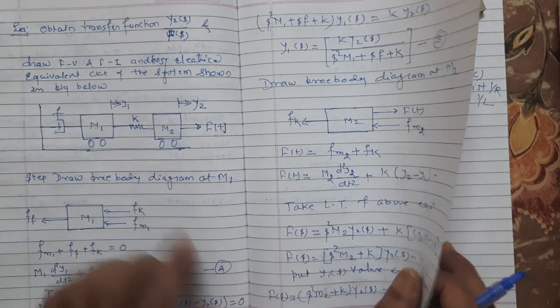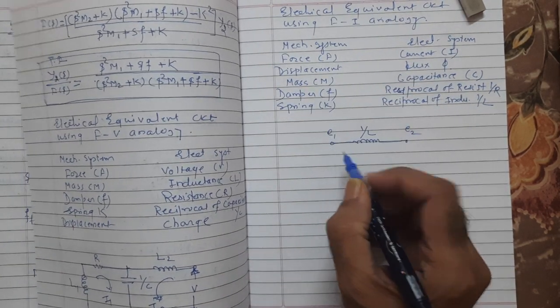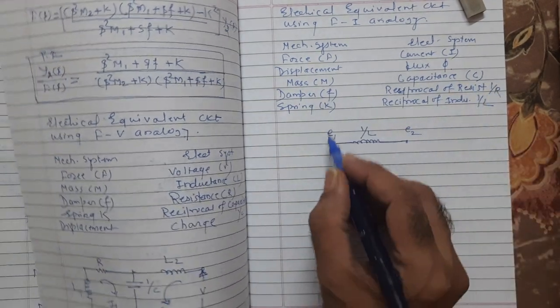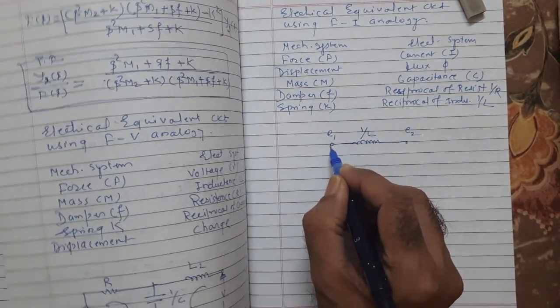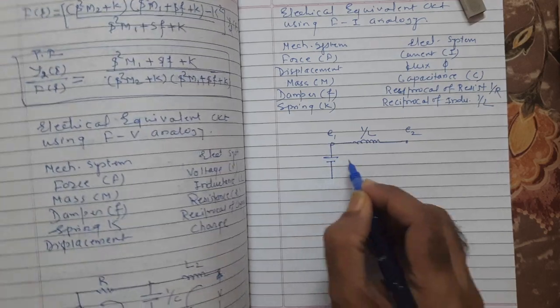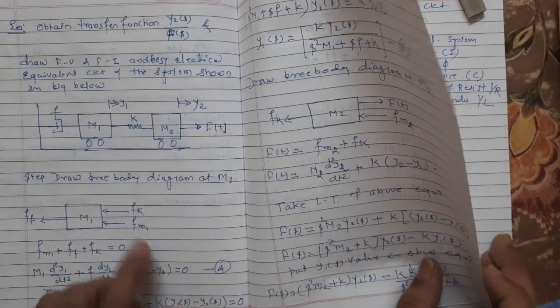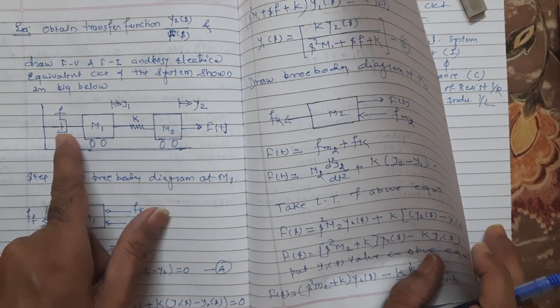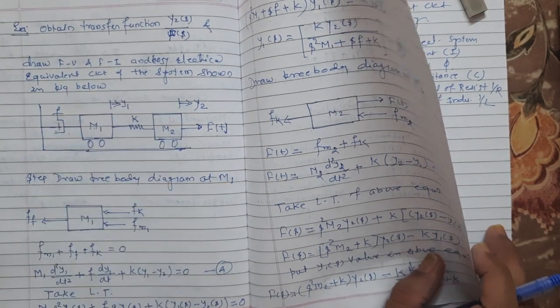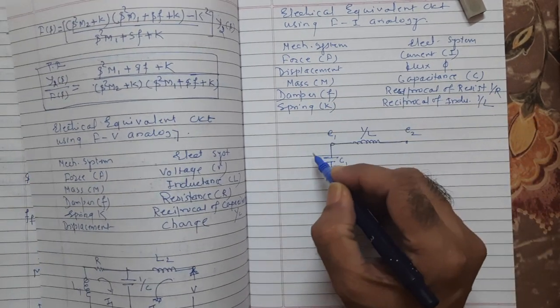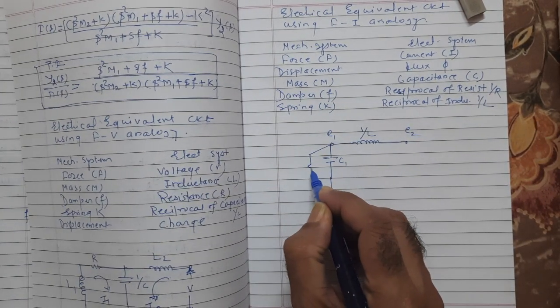M1. M1 is the mass, and mass means capacitance. So we will connect here the capacitance C1. Again F is connected to Y1. What is F? That is 1 by R. So we will connect here 1 by R.